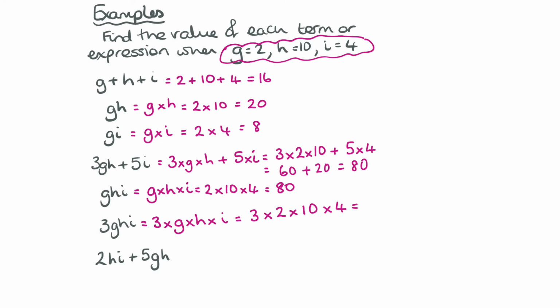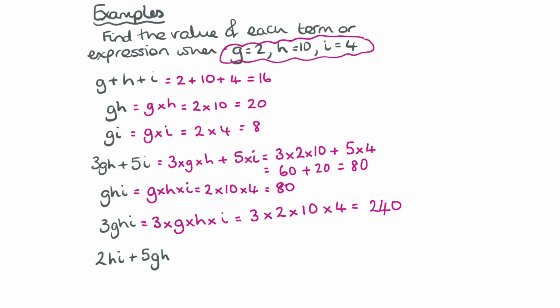So we can do whichever's easiest. But we'll just do it left to right and we'll see where we get to. So 3 times 2 is 6. Times 10 is 60. And 60 times 4, if we go up the 60 times table, it's 60, 120, 180, 240. So the answer here is 240.